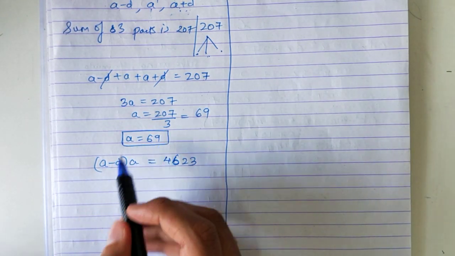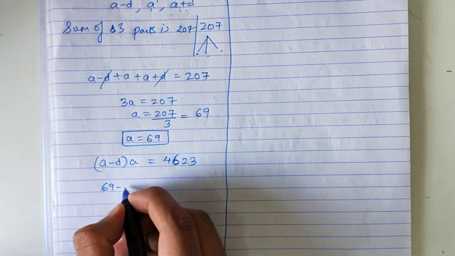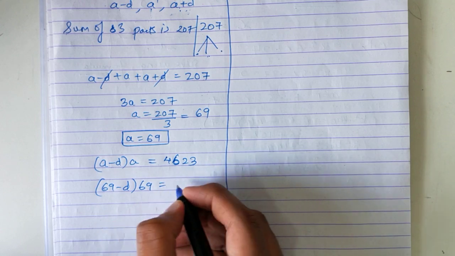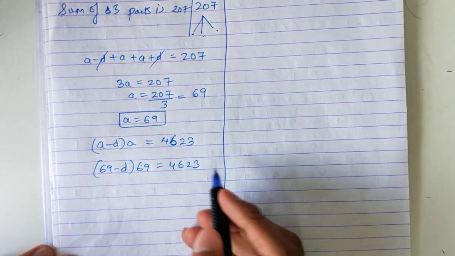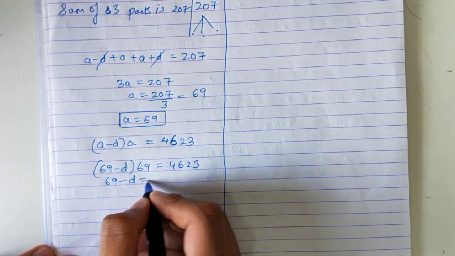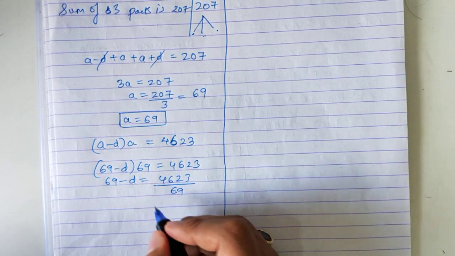But a we already know is 69. So यहाँ पे a की जगह पे 69 डाल देंगे. 69 minus d into 69 is 4623. Okay, this 69 will get divided here. Now make the cancellation.